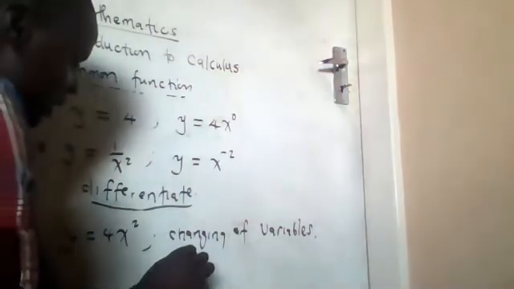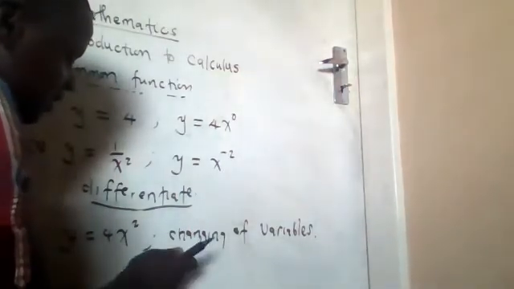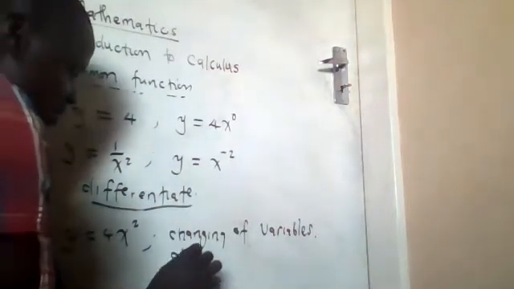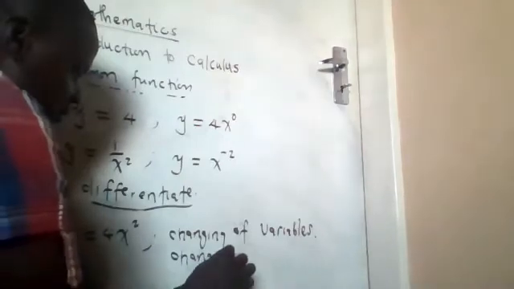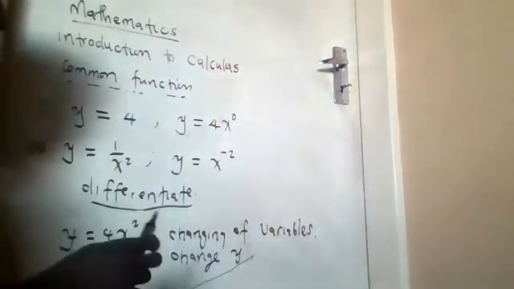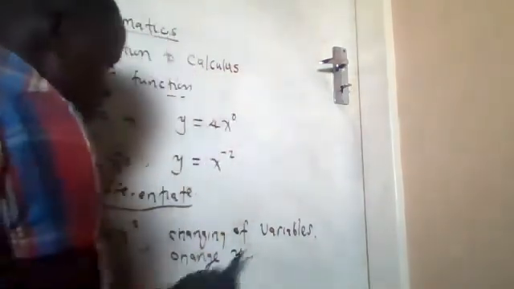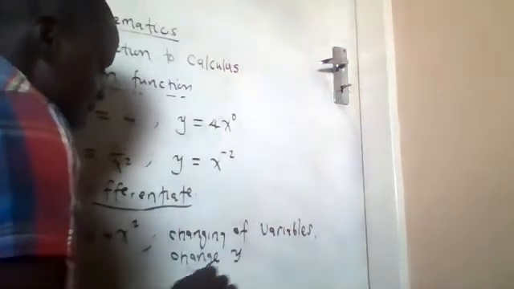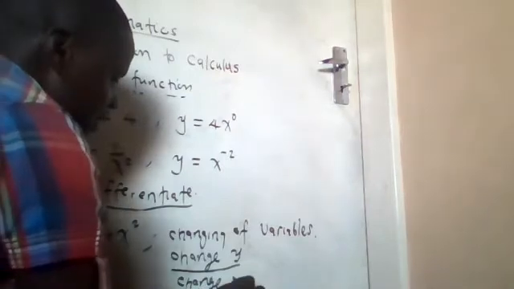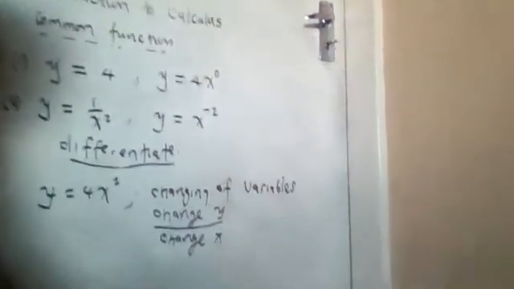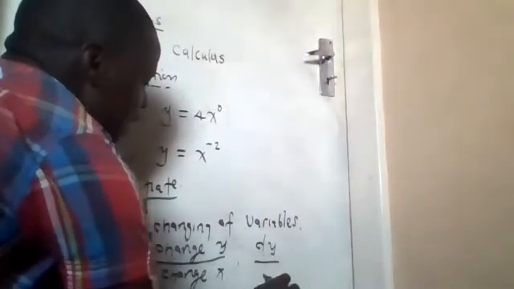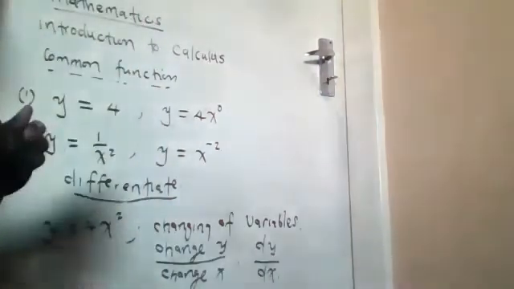So we are looking at the change in y over the change in x. And this can also be written as dy over dx.